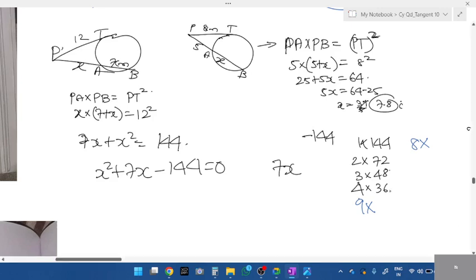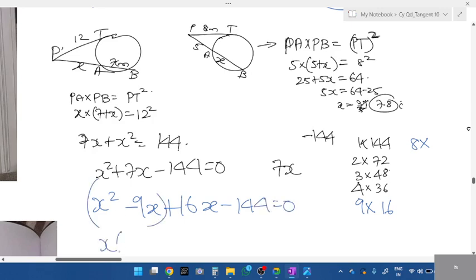Which combination gives 7? 9 into, how many times 9 goes? 9 into 16 will give 7, right? So what sign should I put here? 9 and 16. 7 is greater, plus 16x minus 9x. Then group it. Take 16 outside, you get x minus 9.